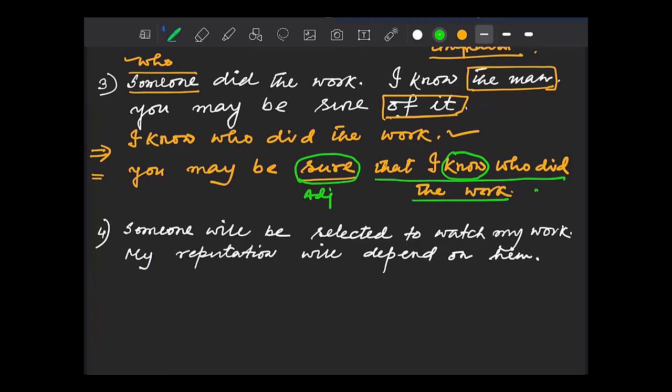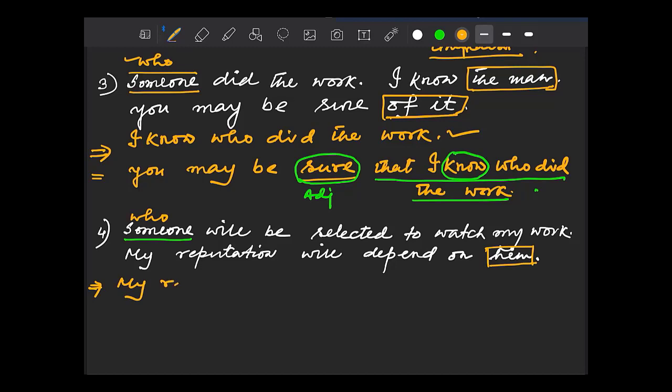Okay. Number 4, again someone. Someone means who. Someone who will be selected to watch my work, and my reputation will depend on him. Here in place of him, we'll use who will be selected, and see what happens.